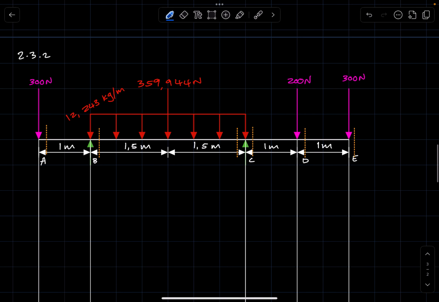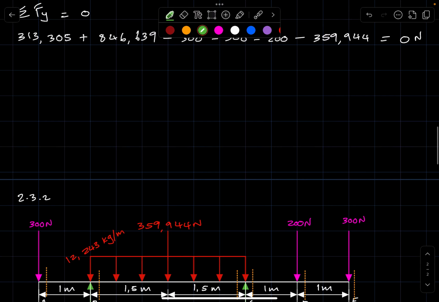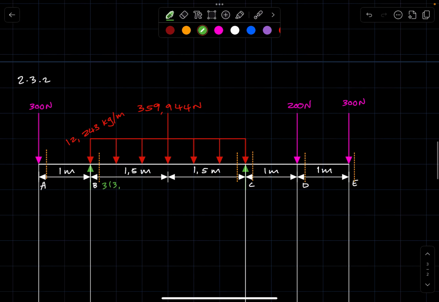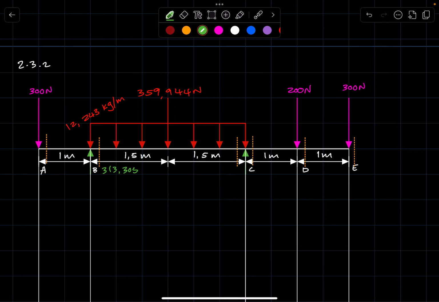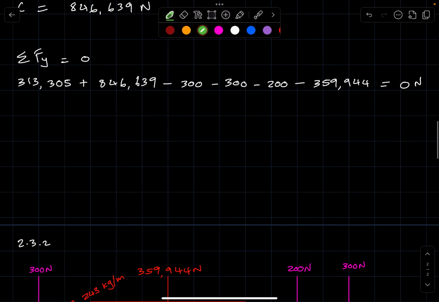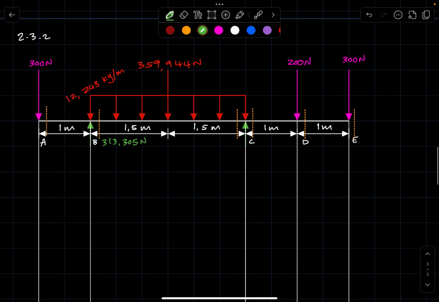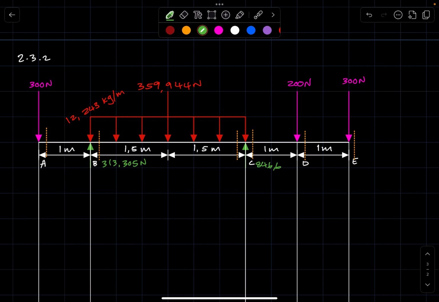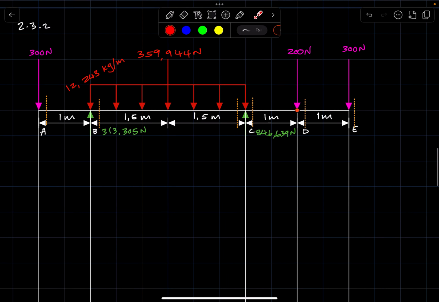Remember the reaction at B was 313,305 newtons, and then the reaction at C was 846,639 newtons.